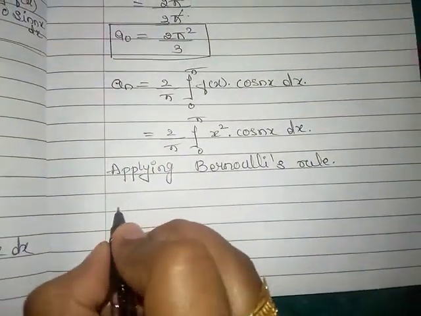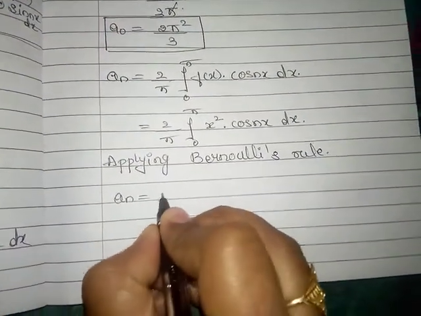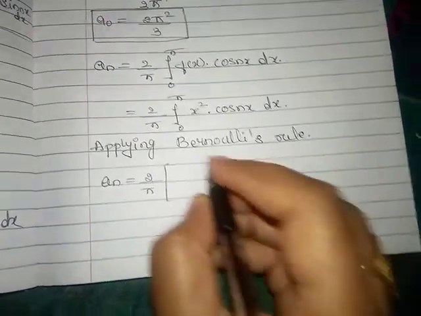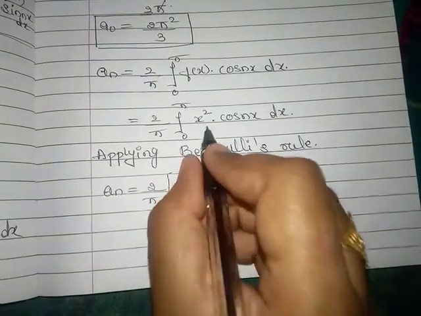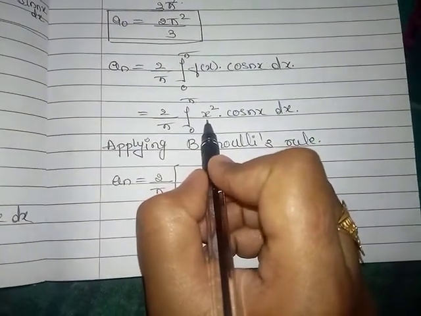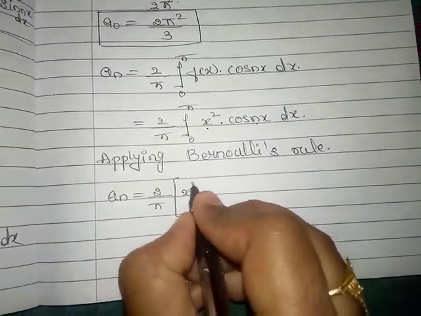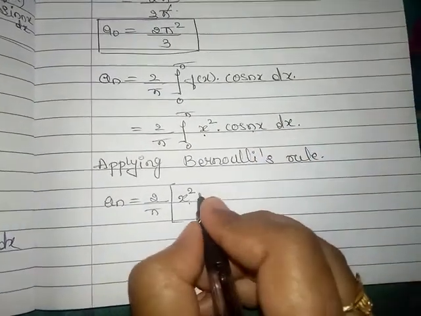we have an is equal to 2 by pi as it is. Consider x square as the differentiating part and cos nx as the integrating part. The differentiating part stays as it is, and we integrate this one.